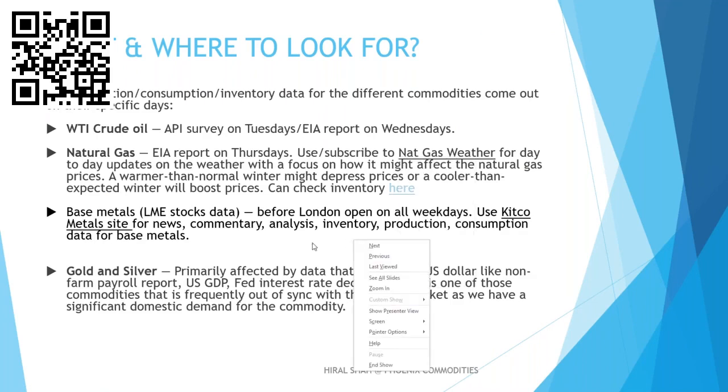Now gold and silver. See, gold and silver, the bullions, are primarily affected by data that affects the US dollar, like the non-farm payroll report, US GDP, Fed interest rate decisions, etc. So these are the factors which affect gold and silver prices.